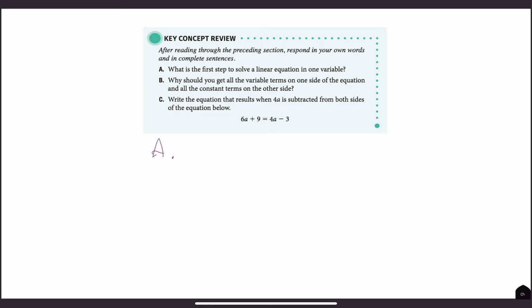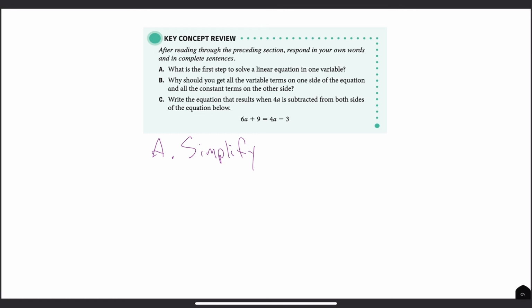The first step of solving a linear equation in one variable, which means there's a single variable and we are trying to isolate it, the first step is always to simplify. Simplify as much as possible using the distributive property often, and then combining like terms using the associative and commutative property, which means you can associate and order multiplication and division in the way that is helpful for you.